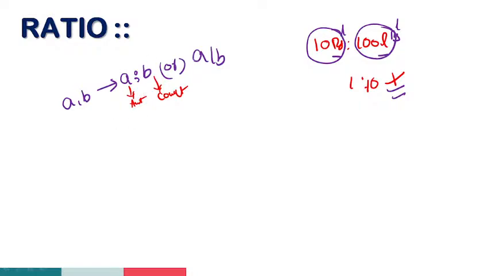A is to B or A by B is the same. For example, 2 is to 3 or 2 by 3 is the same, guys. For three quantities A comma B comma C, the ratio is A is to B is to C. Just remember, guys, what is the ratio?